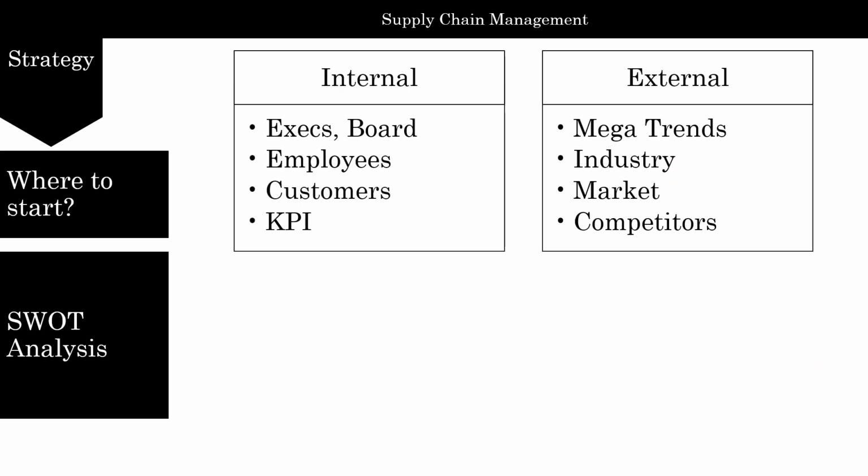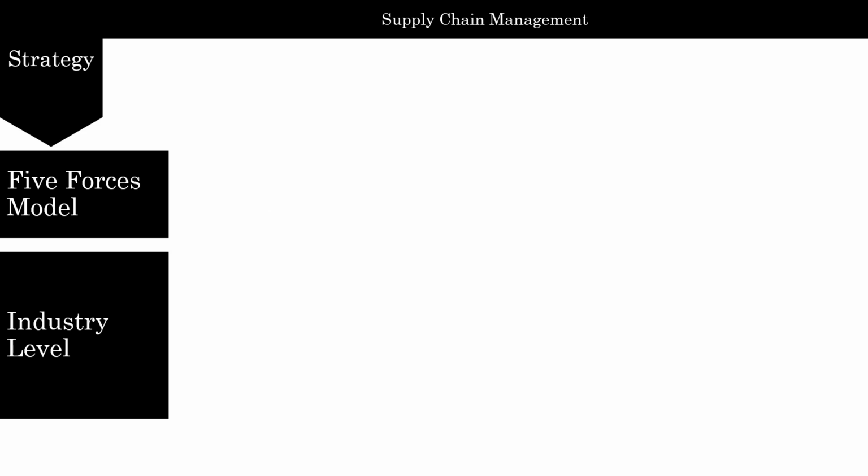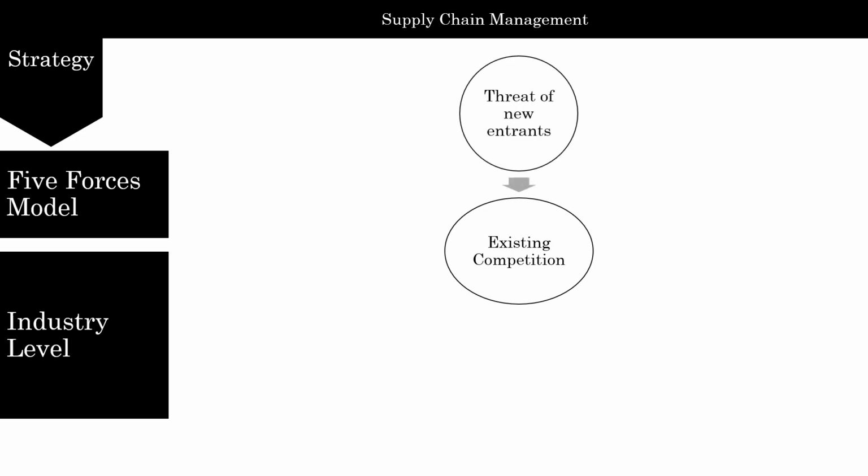These are all external trends. One way to analyze the external industry as a whole is to use the five forces model. The five forces model looks at the existing competition and looks at the threat of new entrants.